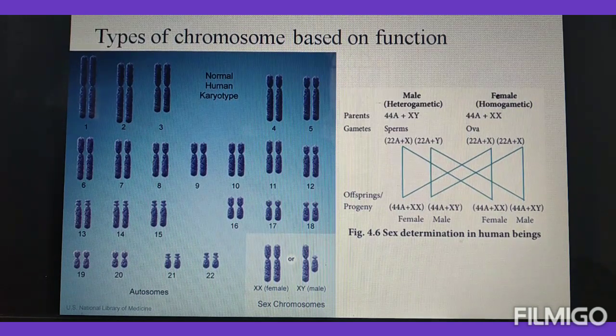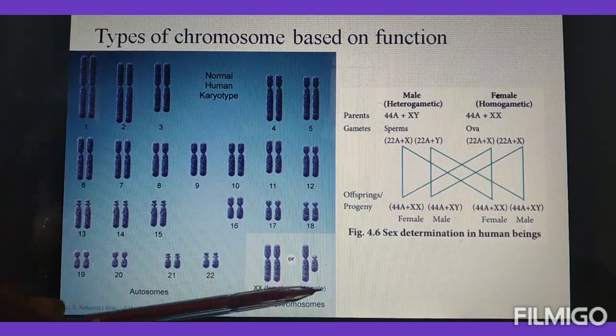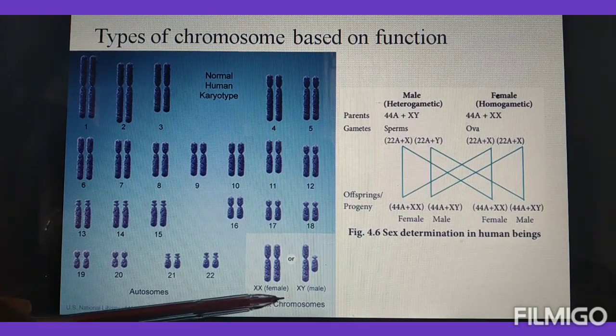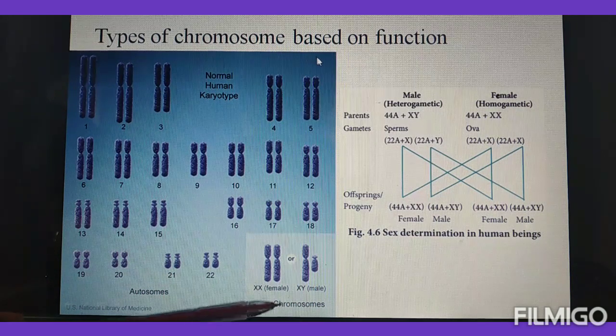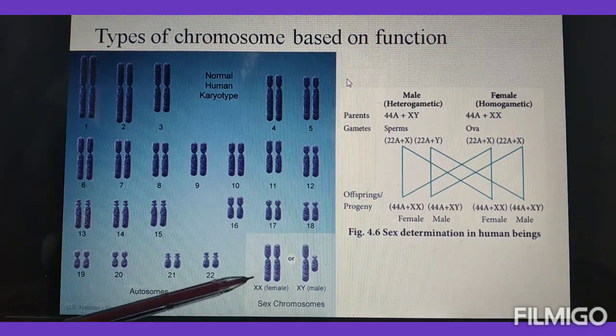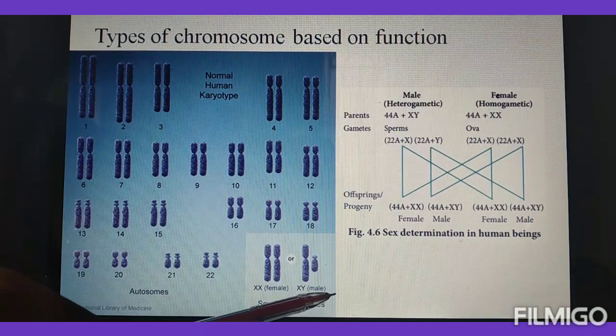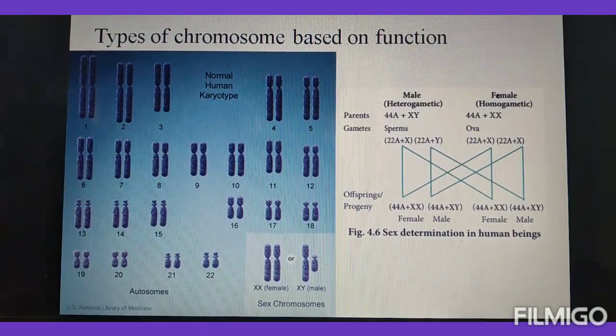In the case of females, along with 22 autosomes, only one X chromosome is there in the gamete. Normally, in the body cells, the 22 autosomes and the 23rd pair are X and X in females and X and Y in males.